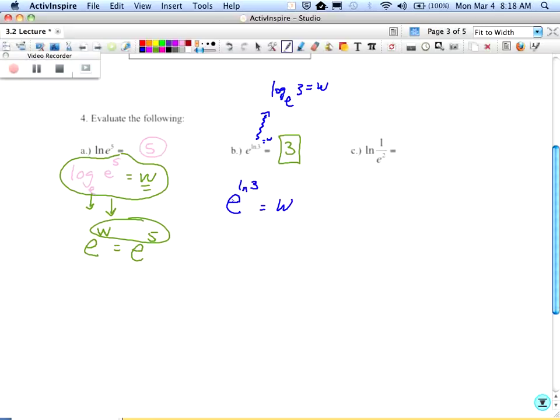When we write it in logarithm form, what would it look like? Log base e. Logarithms are always equal to the exponent, which I could also write as log base e of 3, and I can put my w there.